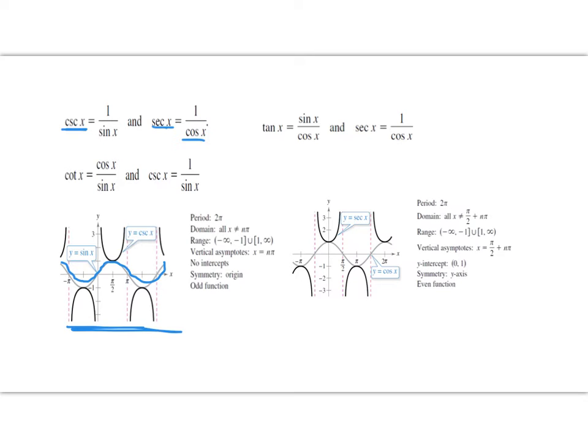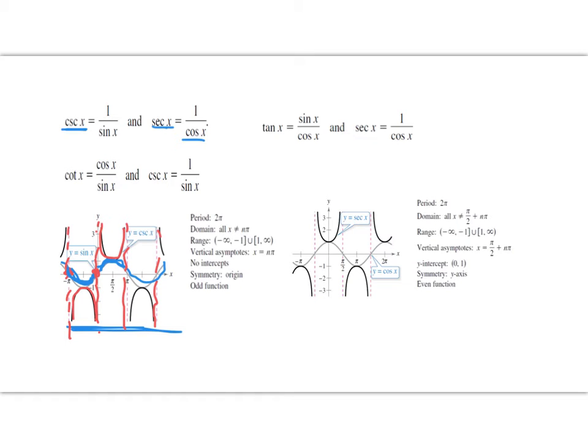At the zeros, if you do the reciprocal of 0, that's undefined. So your cosecant at the zeros is going to be undefined. And all it does is it takes this piece right here and it flips it.